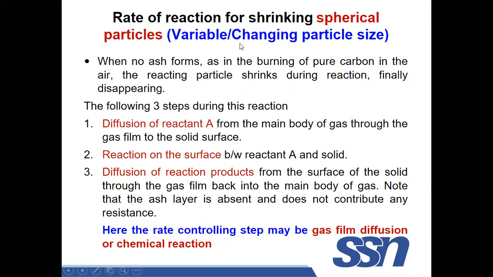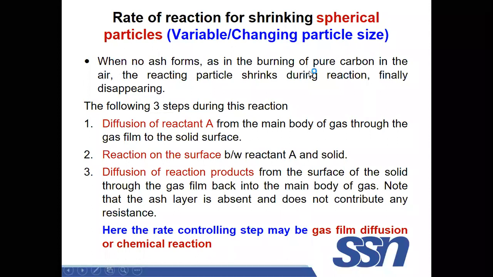So whenever we are talking about a change in particle size, what we mean by that is there is no ash formed. When there is no ash formed, there won't be any ash resistance, because there will only be two resistances. One is the gas resistance, the other one is the reaction resistance. There is no ash resistance because the ash layer is being removed, right?